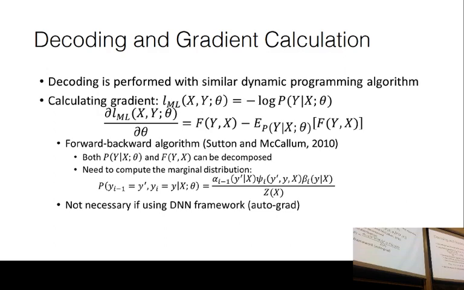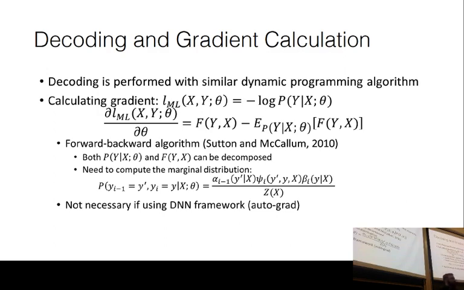The probability that flows through this transition is the probability that came in, times the potential of that transition, times the probability that came out. I don't know if it's the correct way to think about this through probabilities, but I like to think of it as a flow of probability mass across the whole CRF, right?